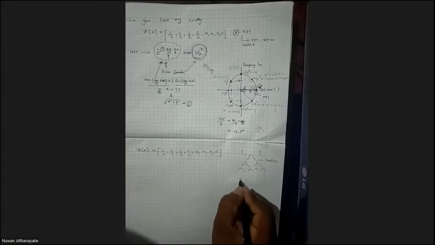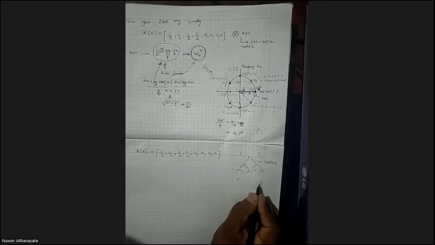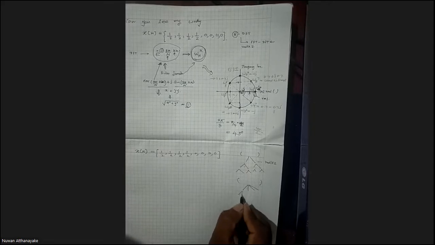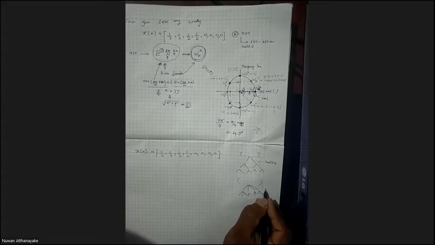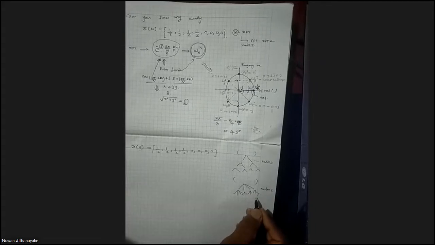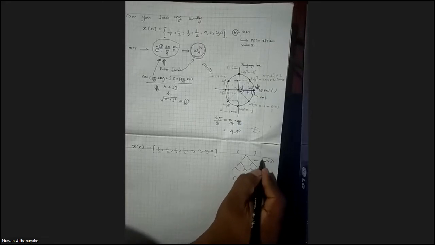If you have a sequence of samples and you divide it into 4, and again this one into 4, and this one into 4, and so on, then this will be radix 4. Now you are asked to calculate the radix 2 algorithm.